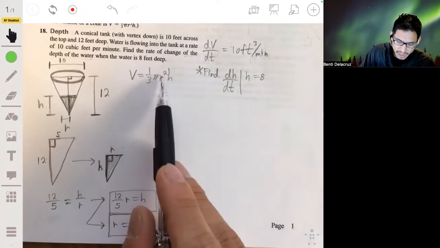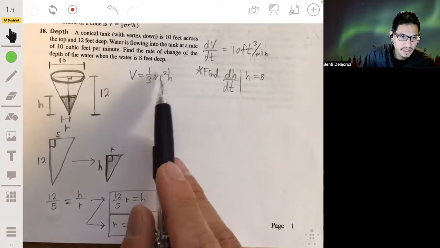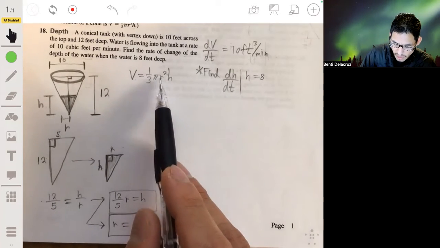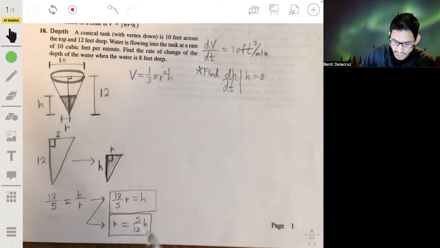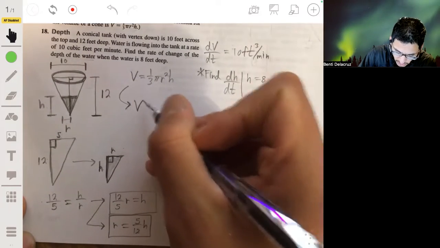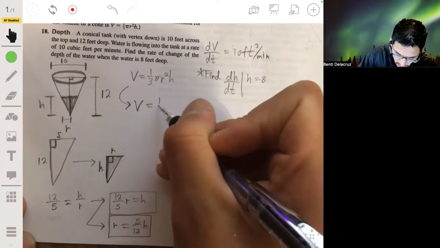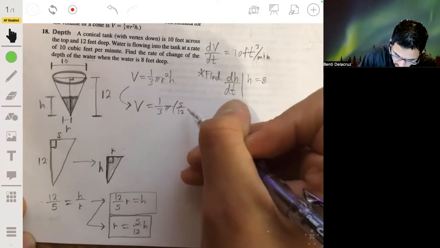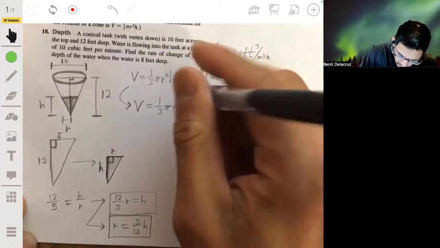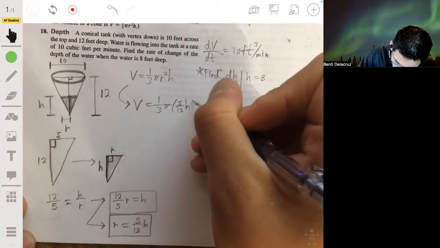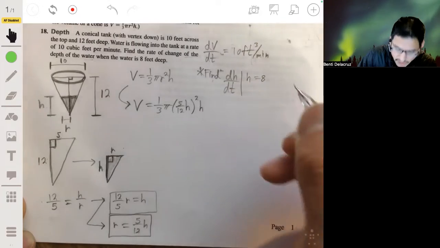Now, since we want to just have h's in this equation, because we want to find dh dt, we replace r with 5/12 h. So the volume will be 1/3 pi times 5/12 h, squared, times h.